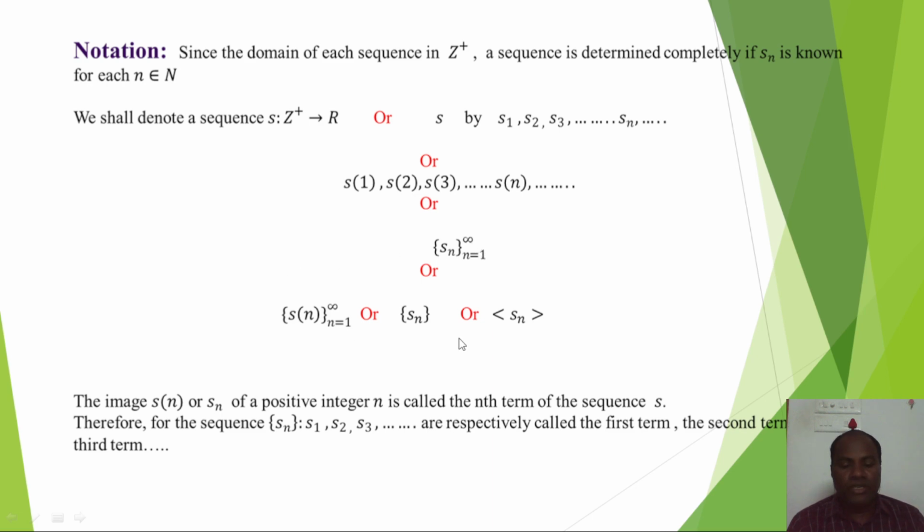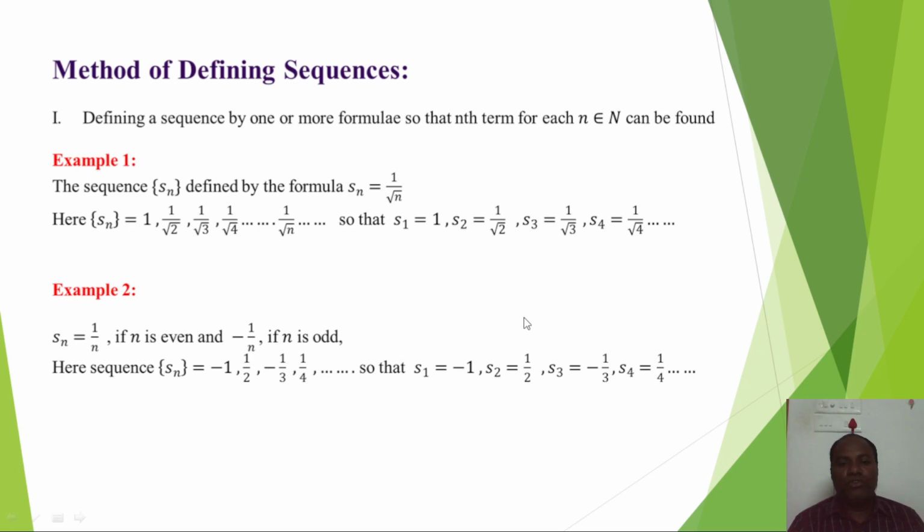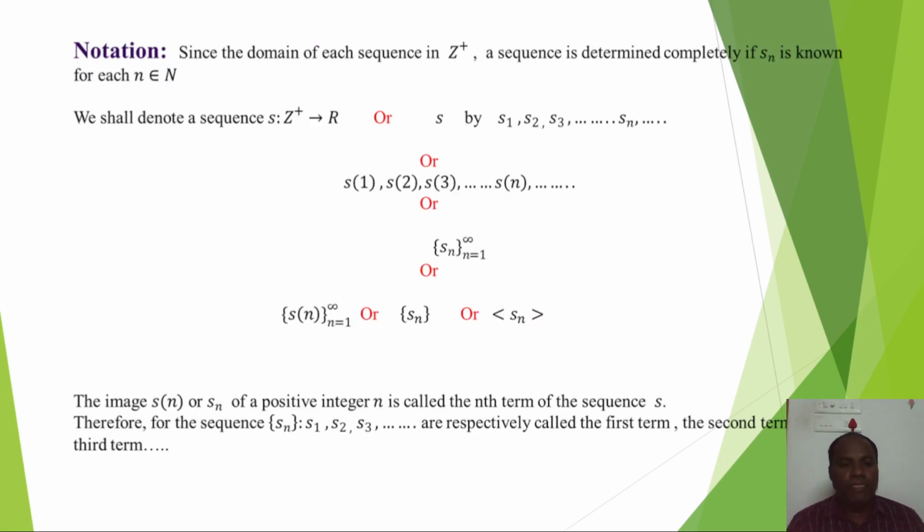There are also other notations: S of n from n equals 1 to infinity, and the sequence Sn written in between flower brackets. This is Sn, or Sn in another form. These are the notations of a sequence.